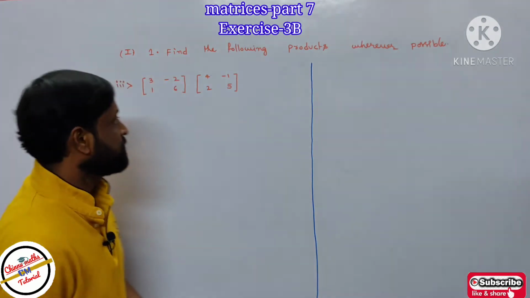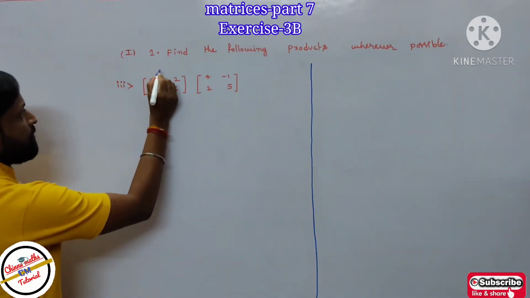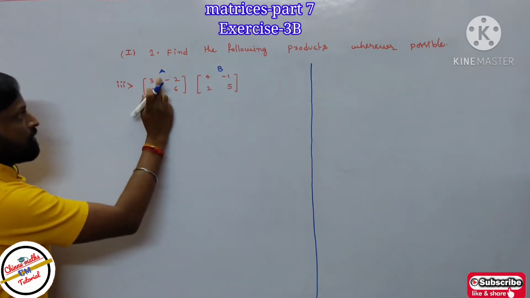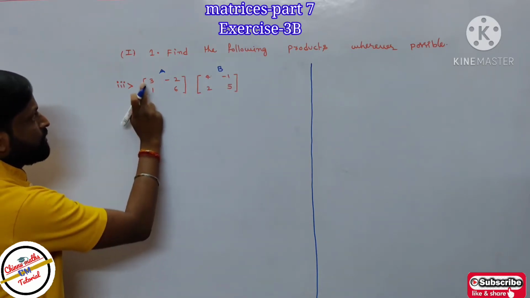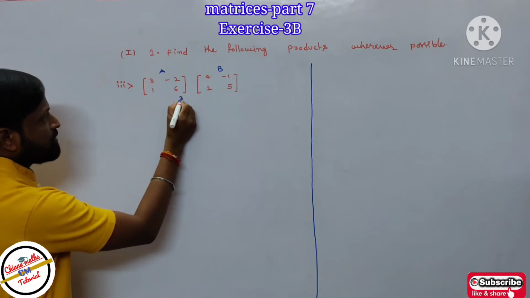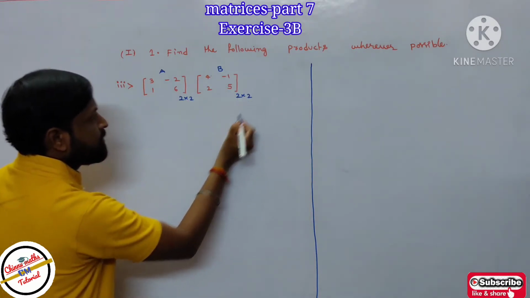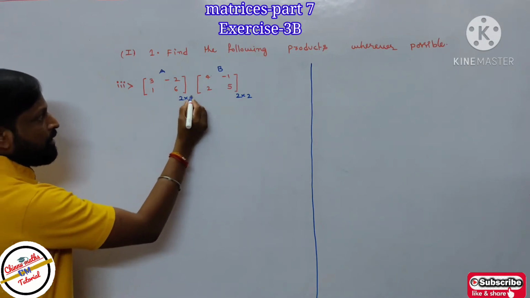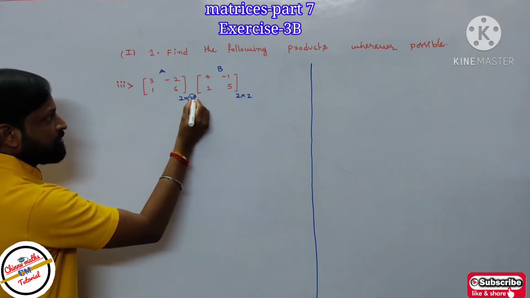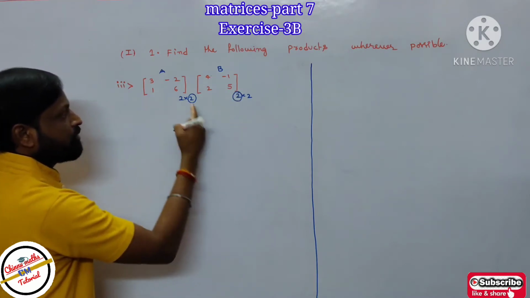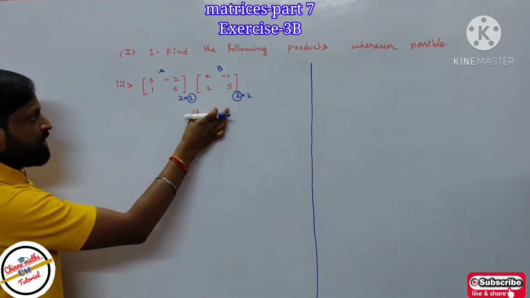Next question. They gave the matrix A, and matrix B. The order of matrix A is 2 rows and 2 columns, 2 by 2. B is also 2 rows and 2 columns, 2 by 2. So the number of columns in matrix A equals the number of rows in matrix B. Both are equal. The condition is satisfied.